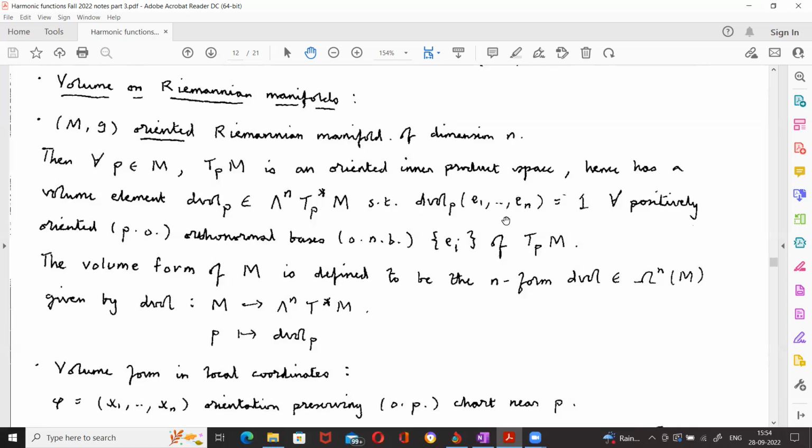This is just linear algebra; we saw this in the beginning. The volume form of the manifold M is defined to be the n-form dvol.